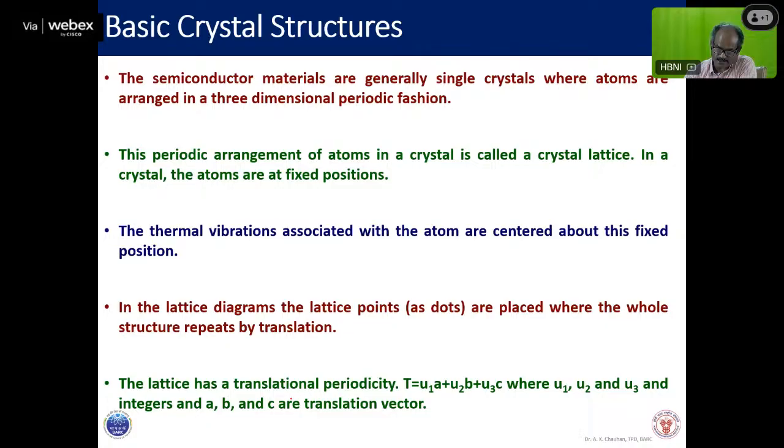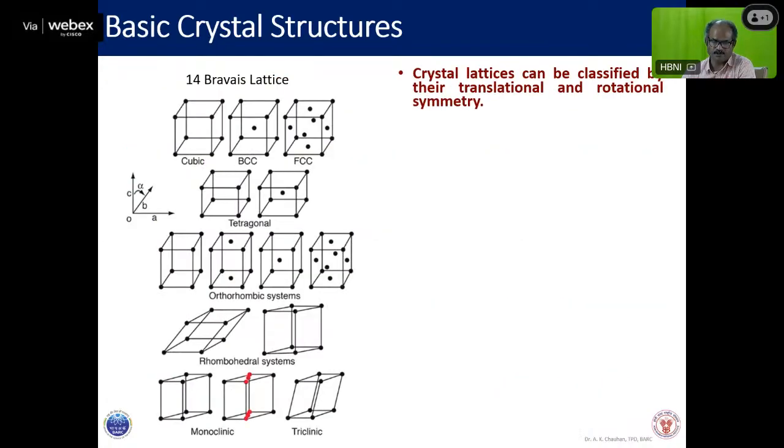So the lattice has a translational periodicity. Suppose this is a translation vector T, which we can represent as u1 a, u2 b, u3 c, where u1, u2, and u3 are integers, and a, b, c are translation vectors towards the x, y, and z direction, or any three directions.